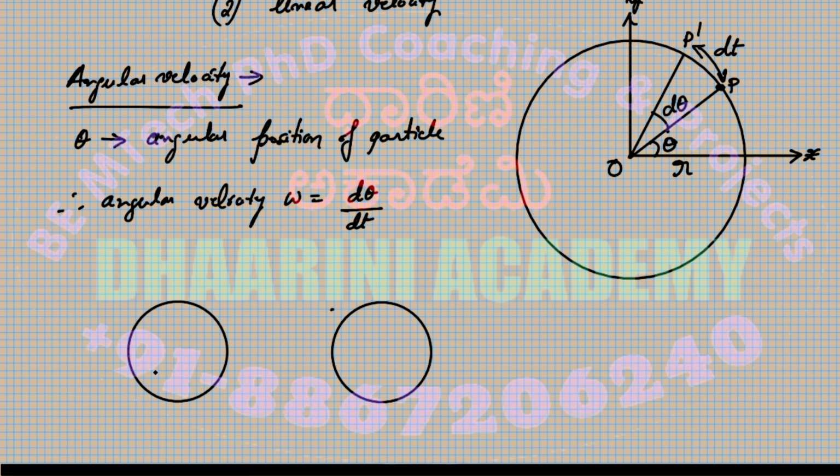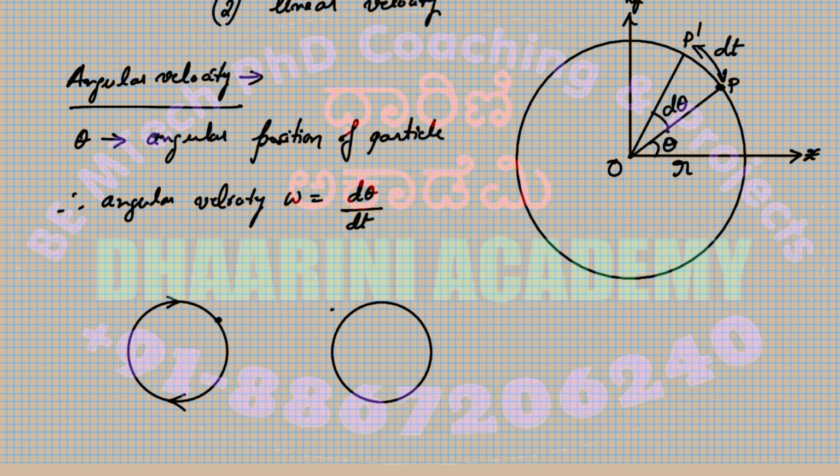If the object is moving, let's say, in the clockwise direction, then at a given point on the circle, on its path, the direction of the velocity will be, right? Let's try to mark the velocity.